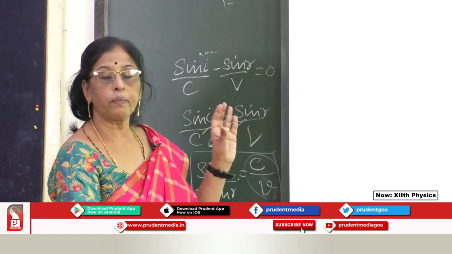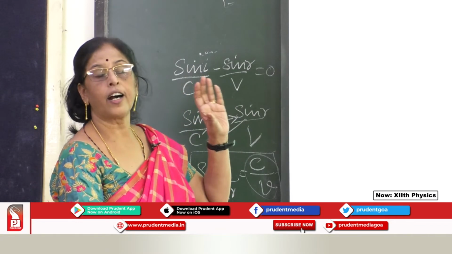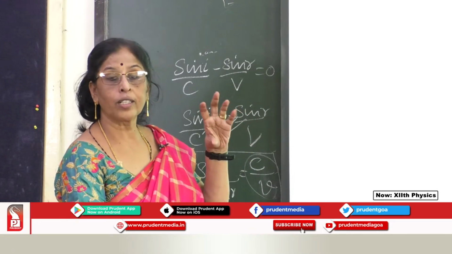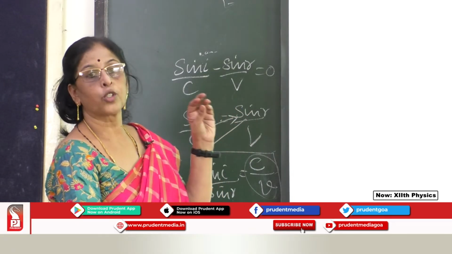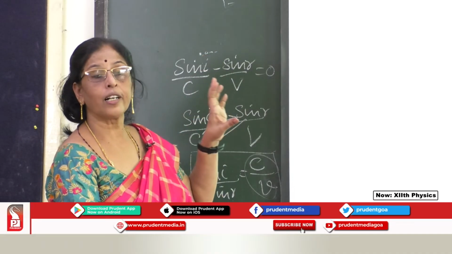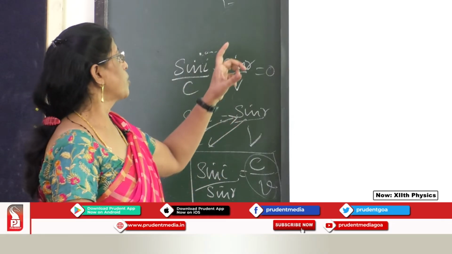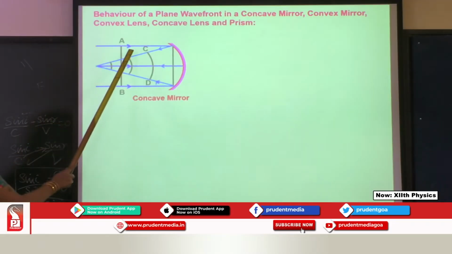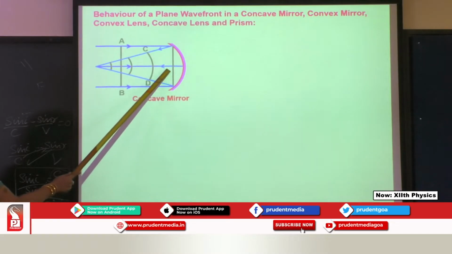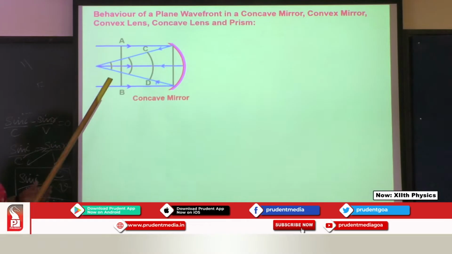Because by the process of reflection, the parallel rays all converge to a point. So you will get spherical wavefronts emerging from the mirror. You can see here, this is a plane wavefront incident and the emerging ones are the spherical ones.